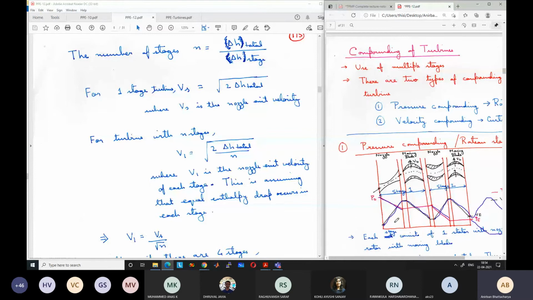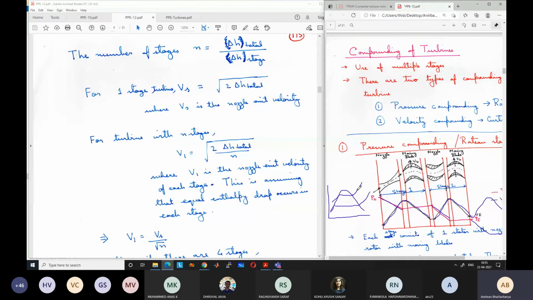So if I draw in a TS diagram, drawing is difficult here, otherwise I have to bring my tablet. Say this is the entire process of the turbine.